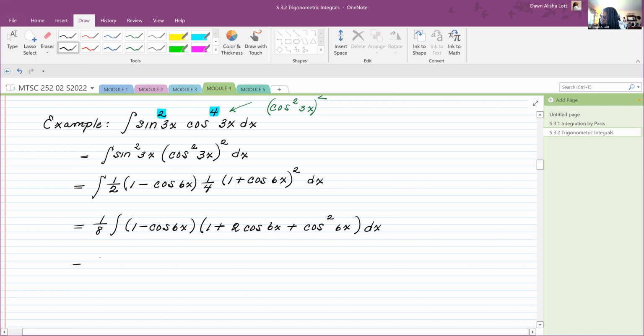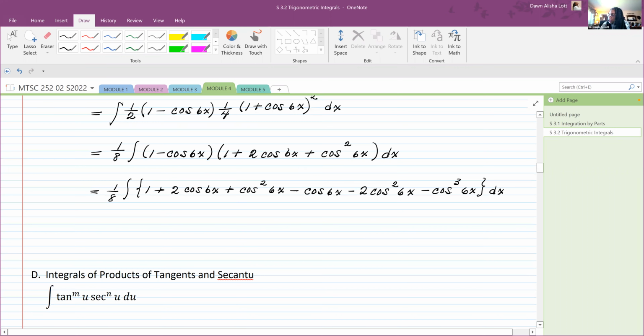So this now becomes 1/8 the integral. I'm going to get 1 plus 2 cosine 6x plus cosine squared of 6x. Then I'm going to get minus the cosine of 6x, minus 2 the cosine squared of 6x, and then minus cosine cubed of 6x dx.